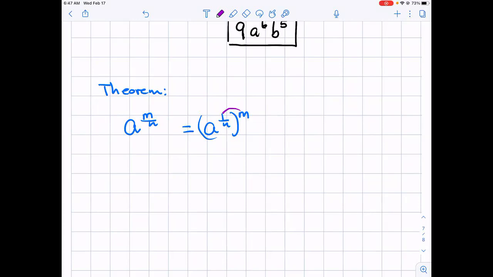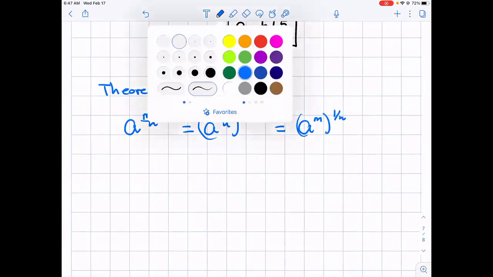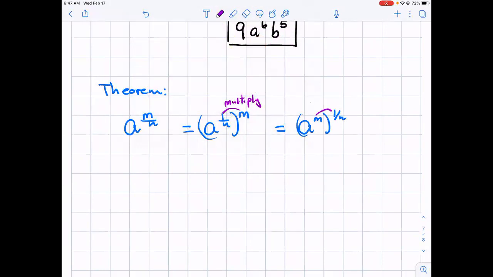Since we are multiplying, the order of the multiplication doesn't matter. So we can also write this as a to the m raised to the 1 over n power. 2 times 3 is the same as 3 times 2, and that's the same as the fraction power. So we will use this, and I just wanted to point out this theorem to you.